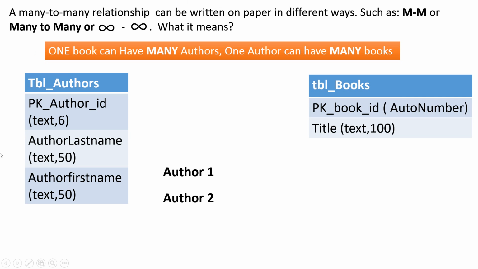That's how it shows. You need to have 2 tables, table authors and table books. You have author 1, 2, and 3, and you have book 1, 2, and 3, right? So author 1 can write book 1 and 2, and author 2 also can contribute to book 2, and at the same time author 3 can write book 3, right?